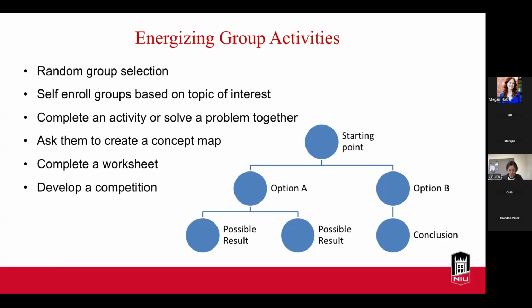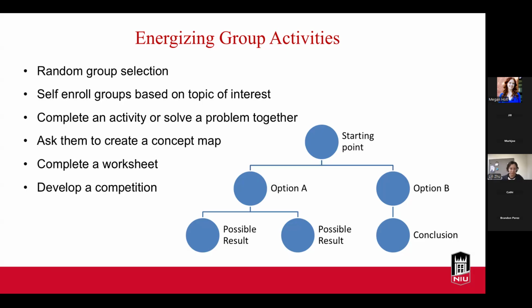We talked about asking students to complete an activity. I like to mix it up. Sometimes I do it as a group. Sometimes I ask them to complete it as individuals. I really like the idea of asking them to create a concept map. And there's a lot of different tools for this, but a great one that you can ask students to use is a whiteboard if they're in Zoom.